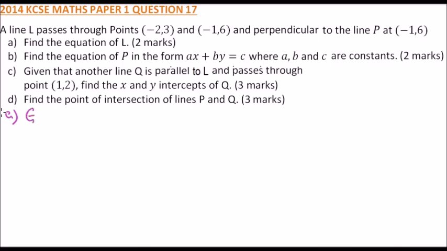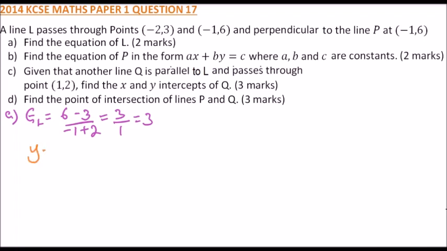So the gradient of L is equal to 6 minus 3 divided by minus 1 minus minus 2, that changes to positive, so we have 3 divided by 1, which is equal to 3. So that is the gradient. The moment you get the gradient, then you can find the equation. So we use one of the points, let's use minus 2, 3.